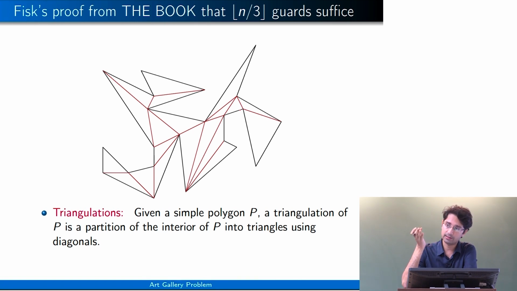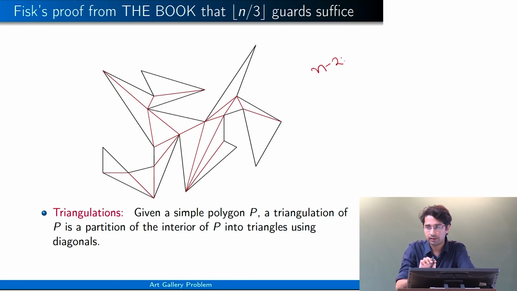The number of triangles is always n minus 2. For any simple polygon, you can triangulate it using diagonals into n minus 2 triangles. We will learn this in detail today or tomorrow, but for the time being, assume that the claim I am making is true.